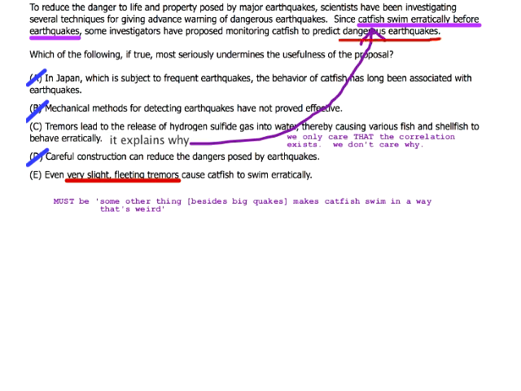Because then you just don't know. You know that there's a correlation with some kind of quake, but not those anymore. So now you're correlated with any quake, even slight fleeting ones, which means you can't predict dangerous ones anymore.